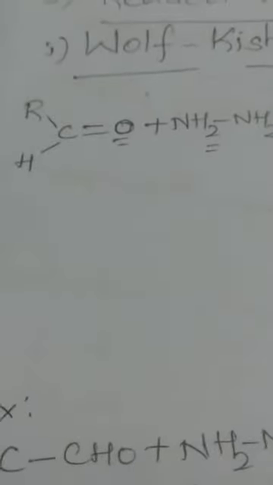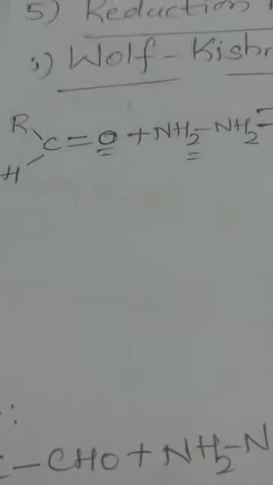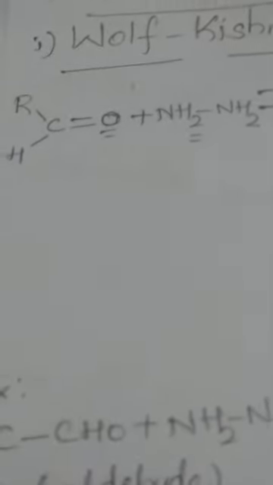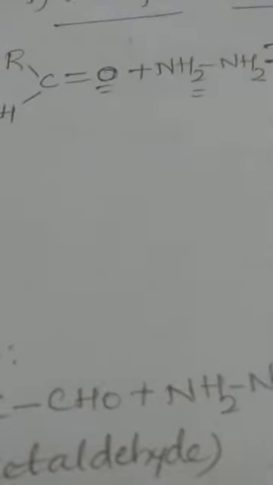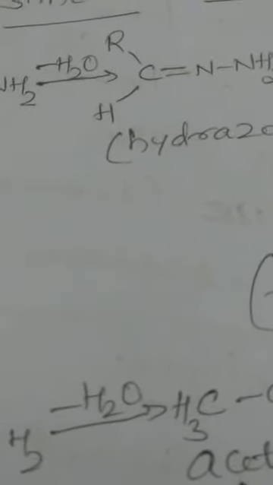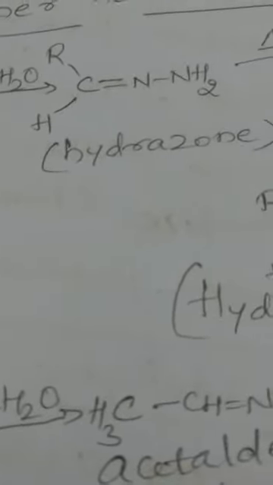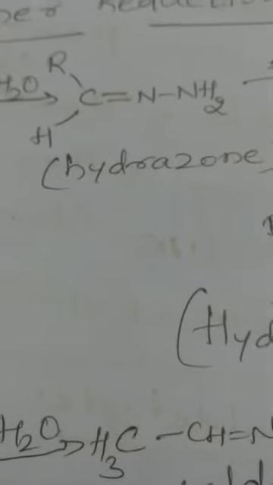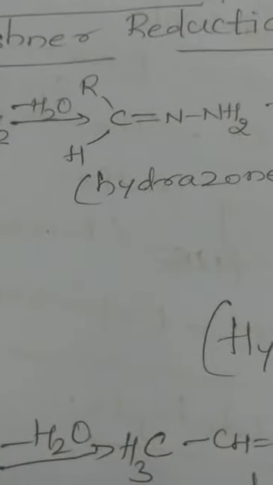Here there is elimination of H2 and O as water, and you will get the product RCH double bond N NH2, which is nothing but a hydrazone, with the elimination of H2O.